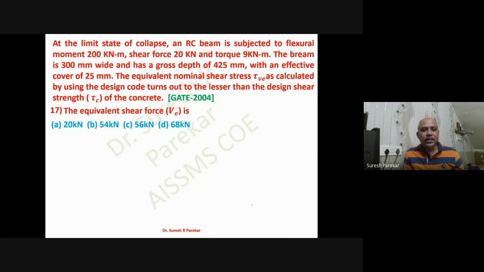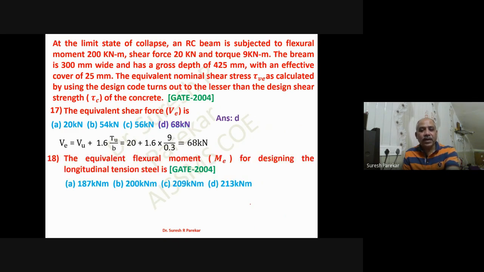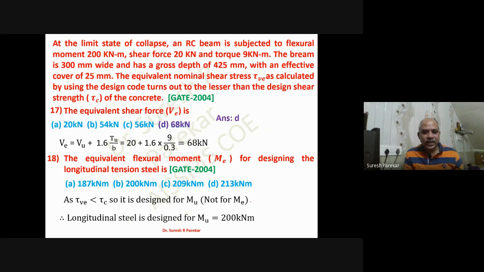Then this will be equivalent again for equivalent shear and combination. We have shear force with bending moment, and then shear force with torsional moment, just using formulas which are given in IS. So first, the equivalent shear for shear and torsion is 68 kilonewton, option is D. And for moment and shear, we are going to get tau ve less than tau c.